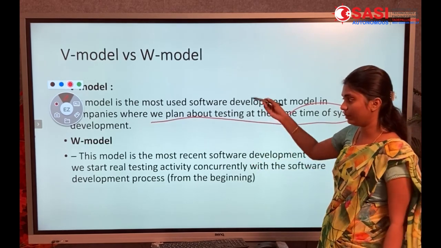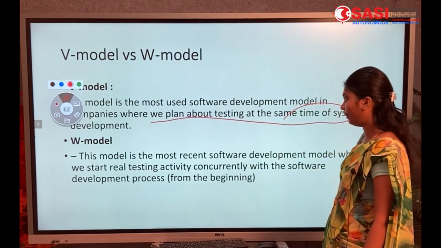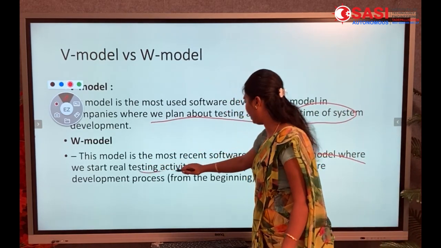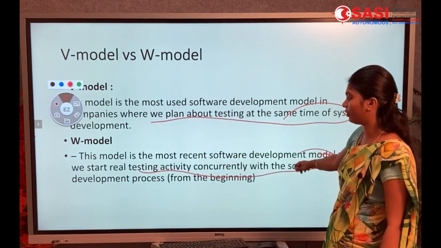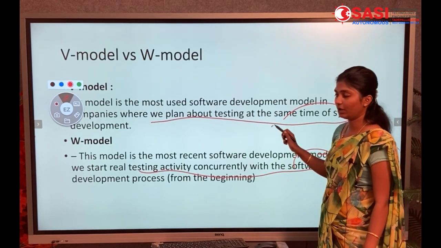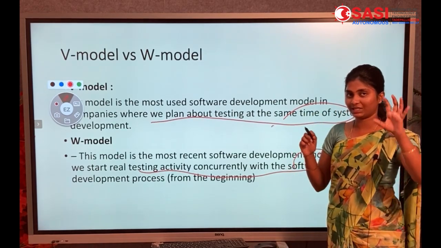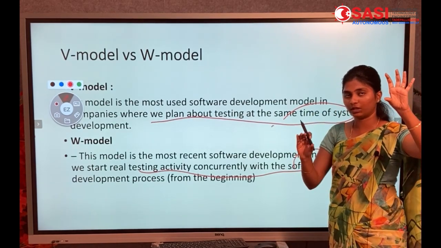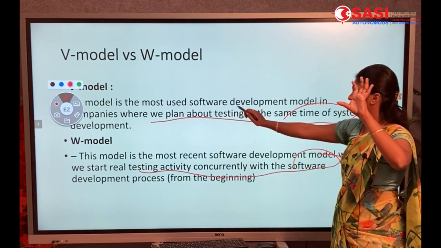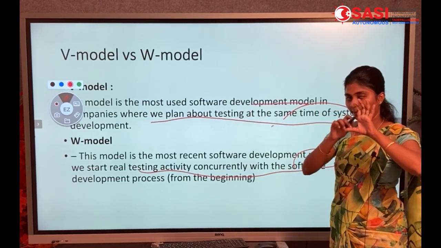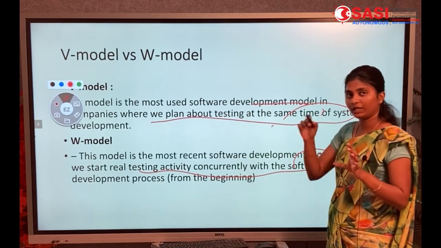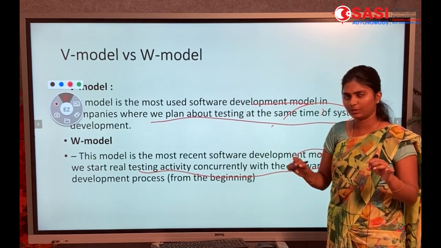We can plan real-time activities in the software process. Starting from requirement analysis till the maintenance phase, everything is gathered and planned at the same time, and executed at the same time.